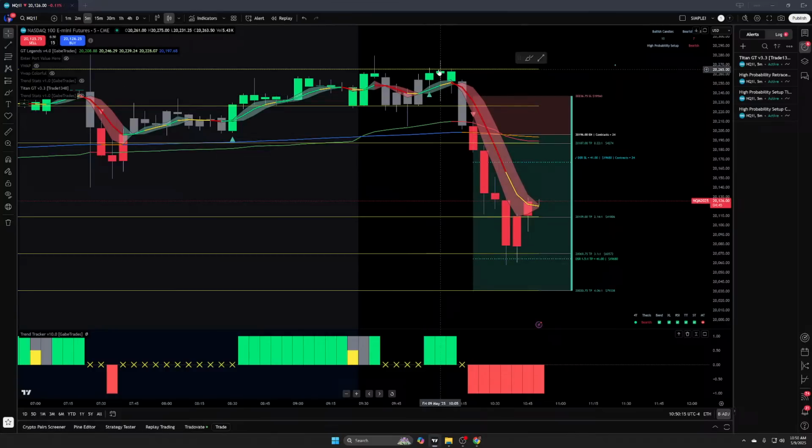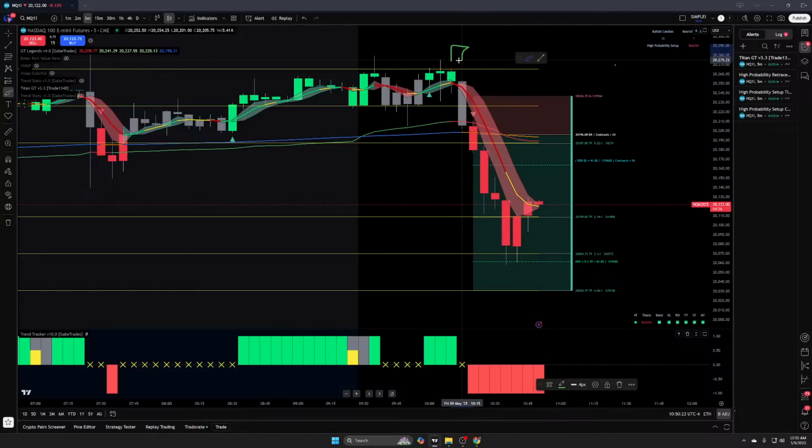We still manage our risk because of that level, or we wait for the break of the level and the candle close above it right here. That's all we're waiting for. It is simple. Trade design, Trend Tracker, levels, respect.